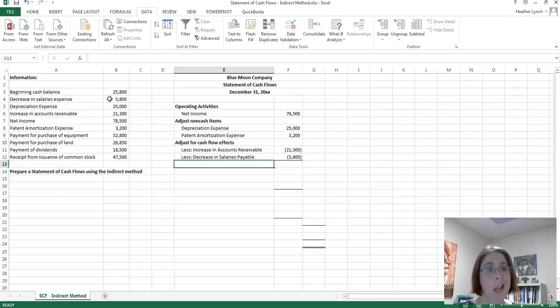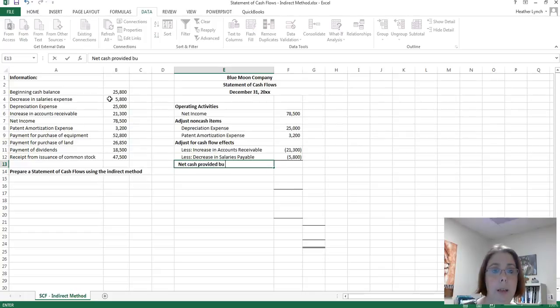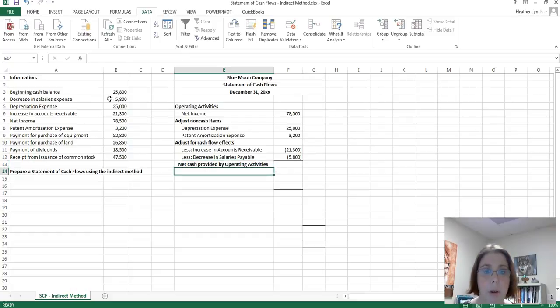Everything else on here is not related to the operating activities, so we can say this is the net cash provided by operating activities. Let's see if I can spell. As you saw earlier, I can't spell, so I think I spelled operating right. And activities. Cool.